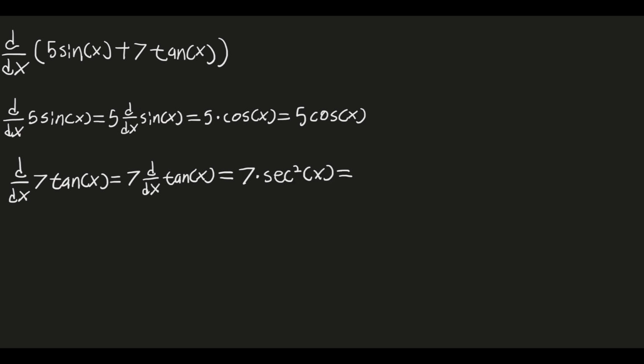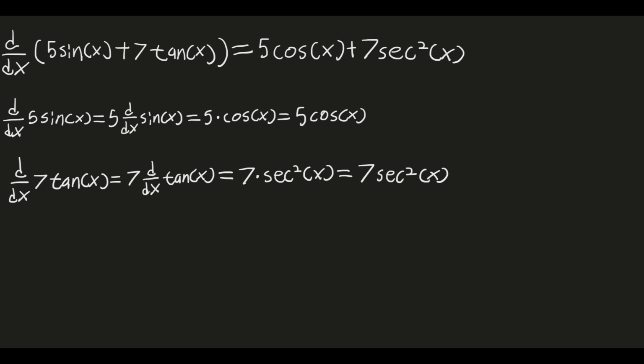Multiplying these two terms together, that would get us 7 secant squared x. Now that we found the derivatives of the first and second terms, we could write them out. So, writing out the derivative of the first term, it would be 5 cosine x plus the derivative of the second term, which is 7 secant squared x. And this would be our final answer.